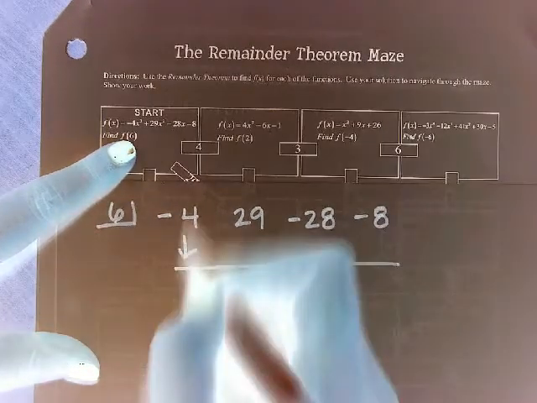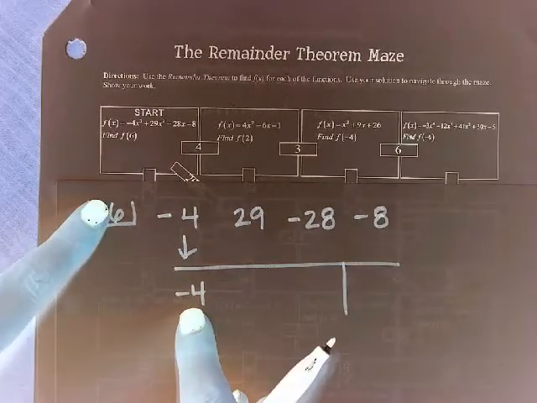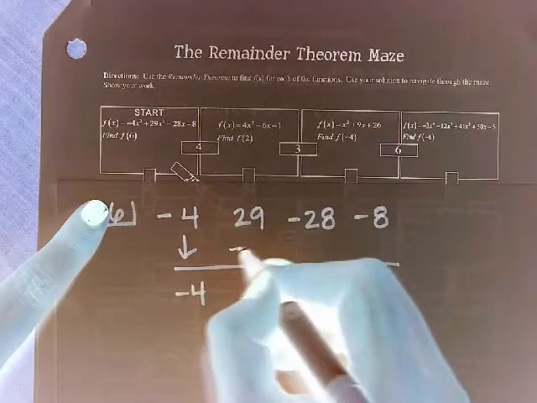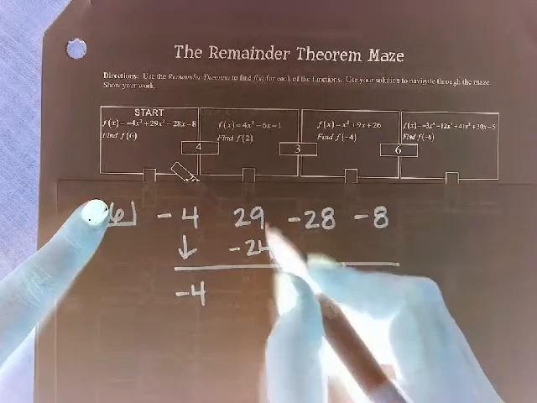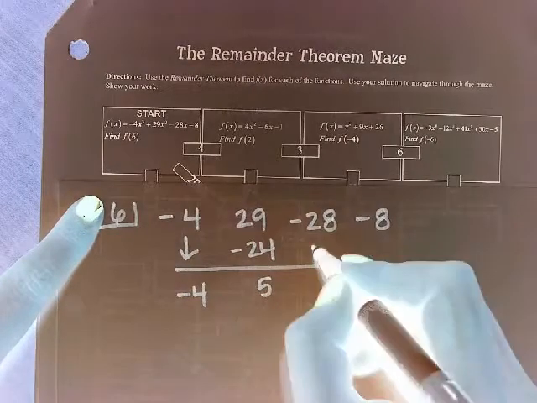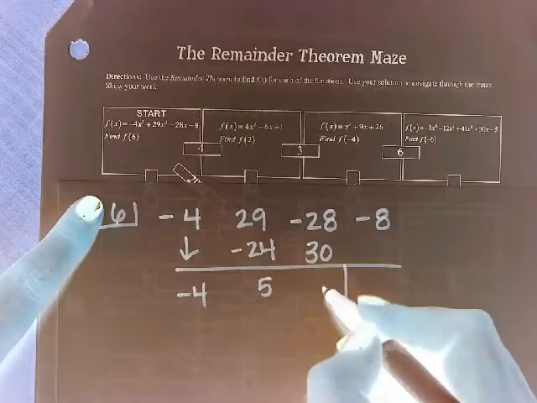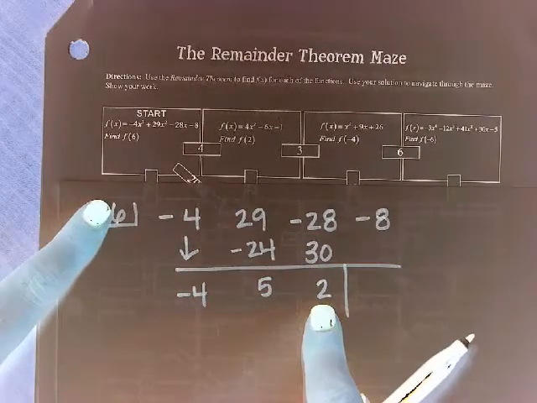Okay, so I drop down the negative 4. Negative 4 times 6, negative 24. That's 5. 5 times 6, 30. Negative 28 plus 30, 2. 2 times 6, 12.